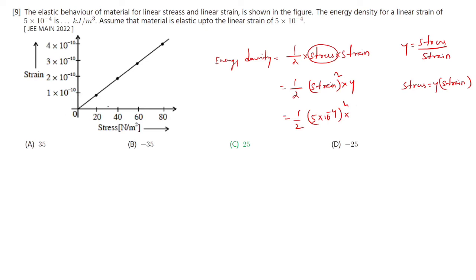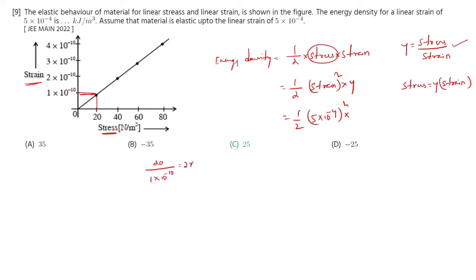So to find out the Young's modulus, they are asking us to take the help of this graph. Young's modulus Y is nothing but stress by strain, no? That is, the stress strain graph slope will give you Young's modulus. But here, if you observe carefully, it is a strain stress graph, so we should take the reciprocal. So the slope is, for the stress 20, 20 divided by 1 into 10 power minus 10.